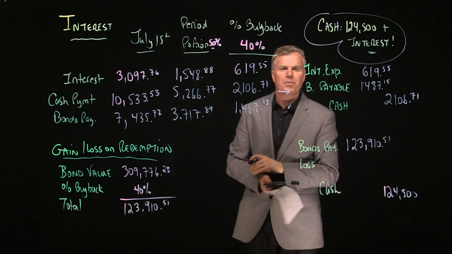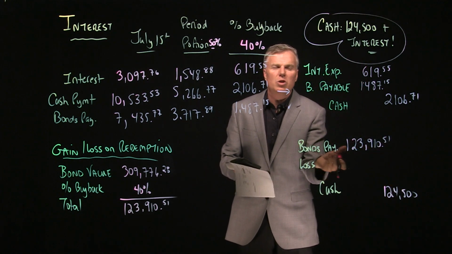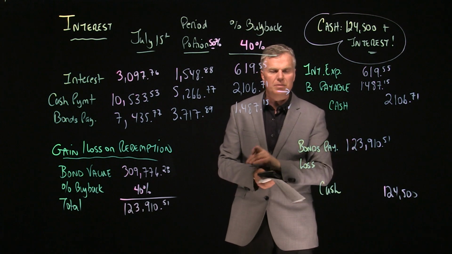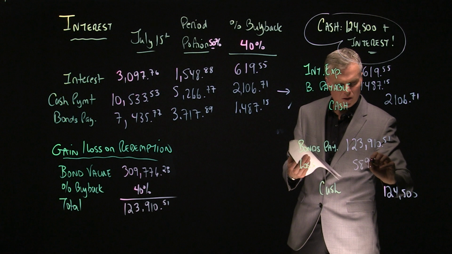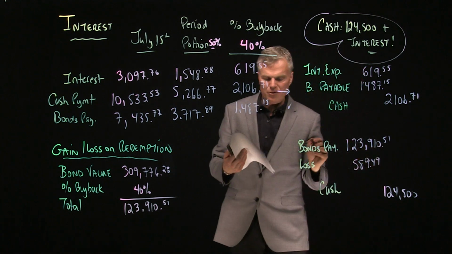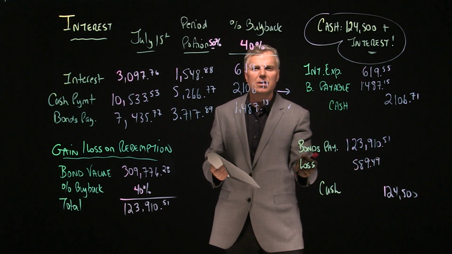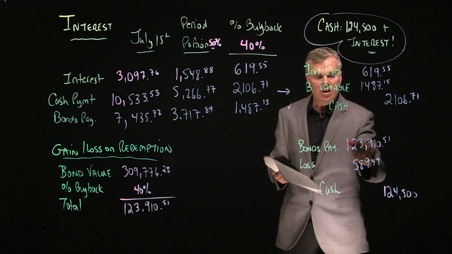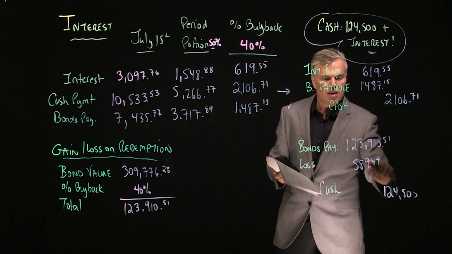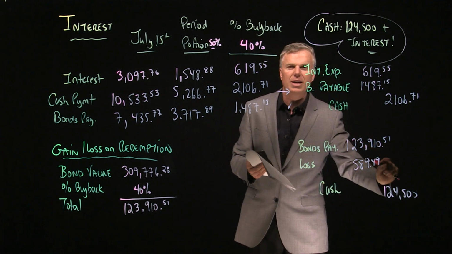Now, there's a difference here. How do we determine the difference? Subtract the two. Well, that difference then is 589.49 and it's on the debit side, we know that that's a loss.